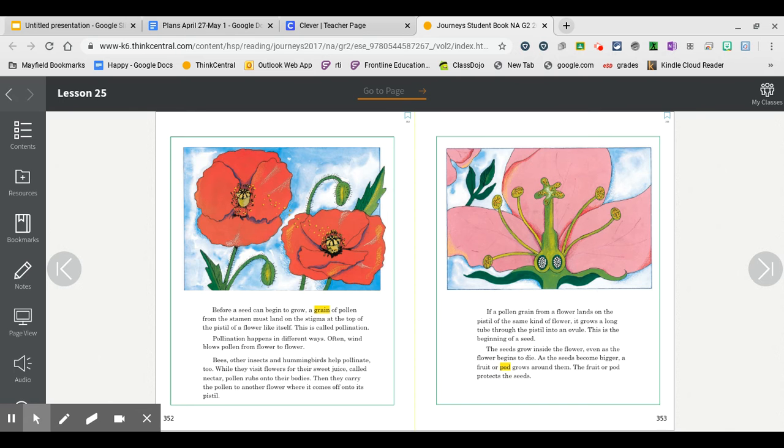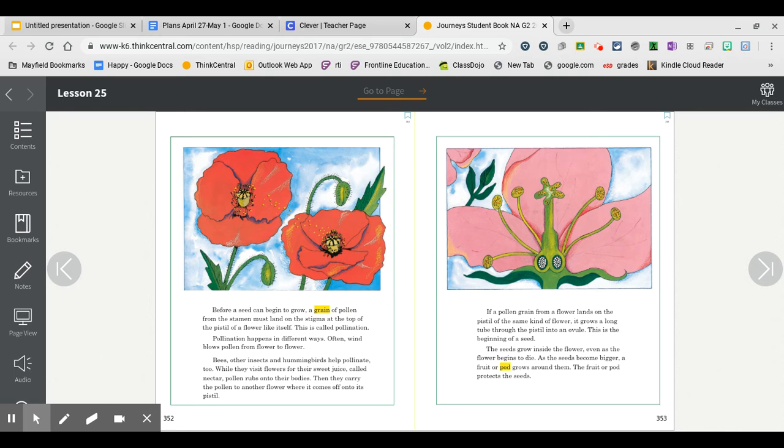Pollination happens in different ways. Often, wind blows pollen from flower to flower. Bees, other insects, and hummingbirds help pollinate too. While they visit flowers for their sweet juice called nectar, pollen rubs onto their bodies. Then they carry the pollen to another flower where it comes off onto its pistil.